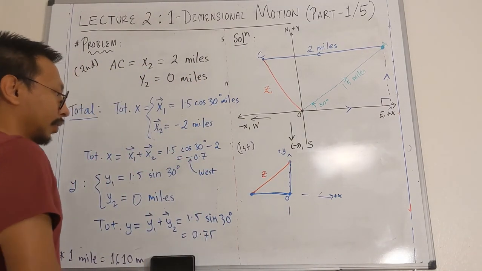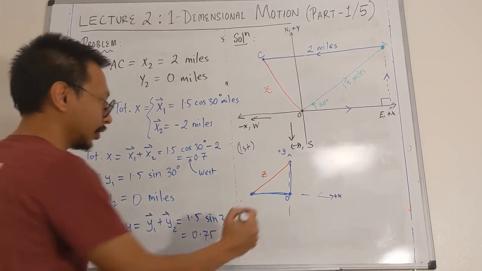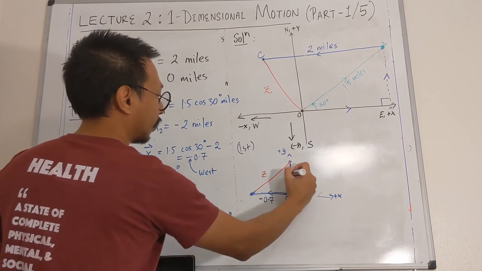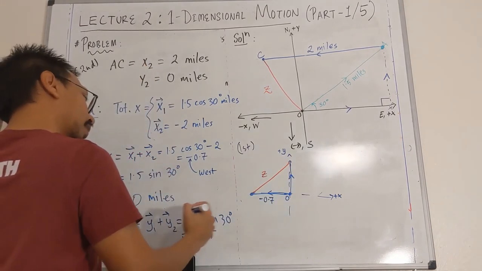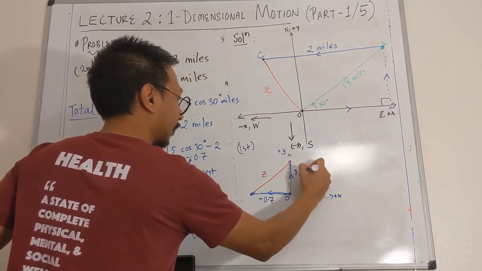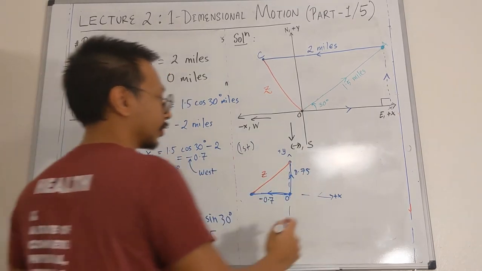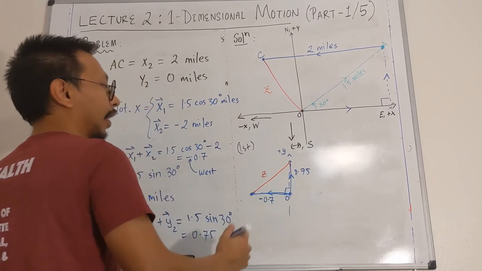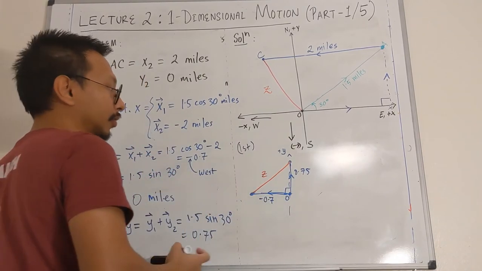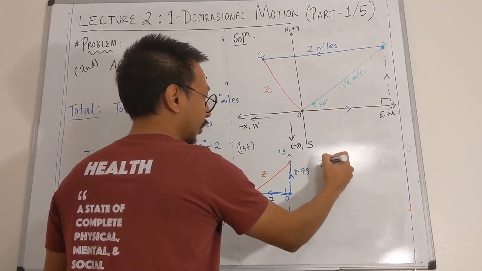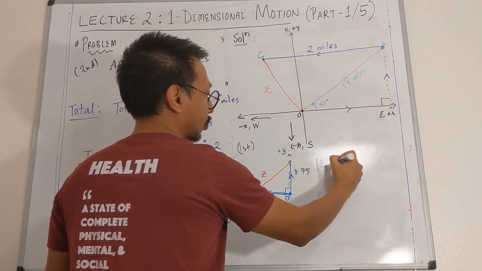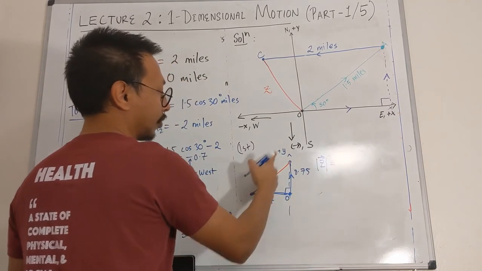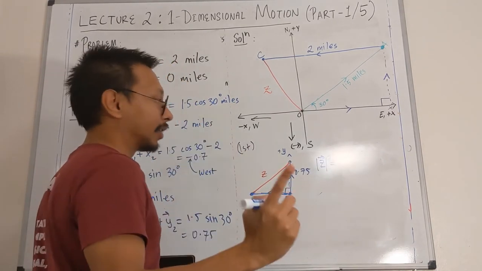So this is minus 0.7, this is plus 0.75, and we want to find what z is. That is very simple, because this is a right angle triangle and we can use Pythagoras theorem. This gives you the magnitude of the vector.